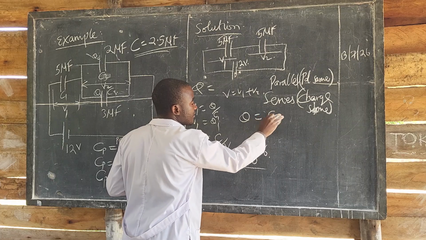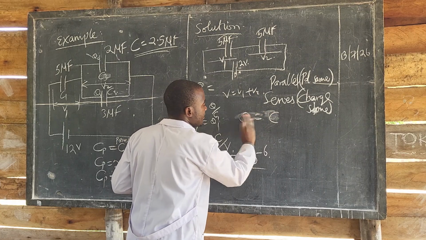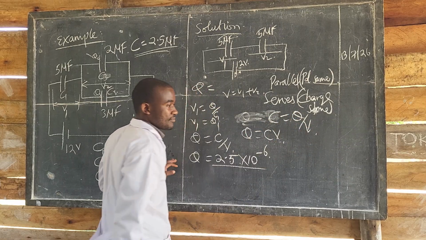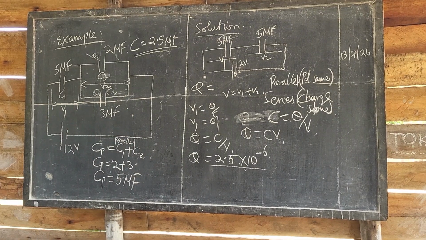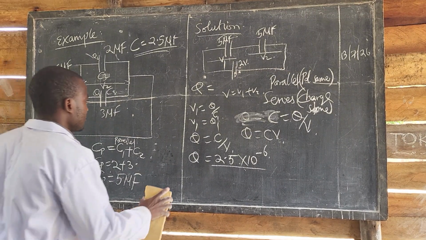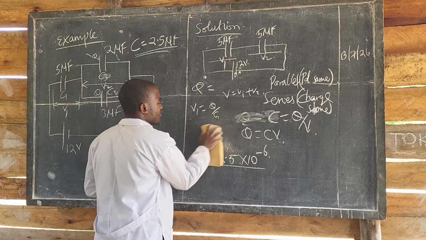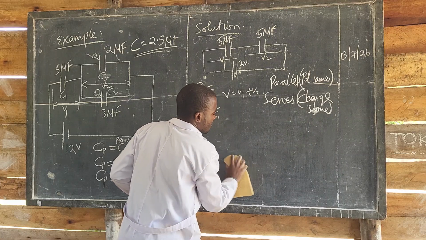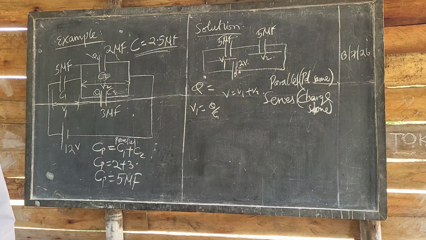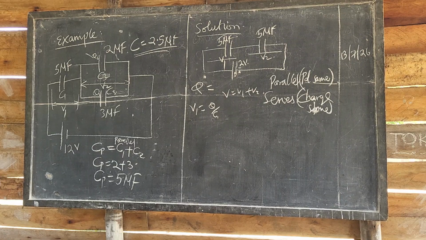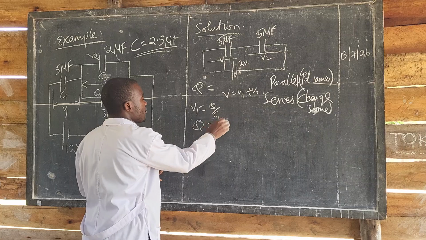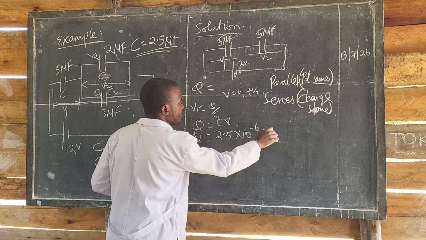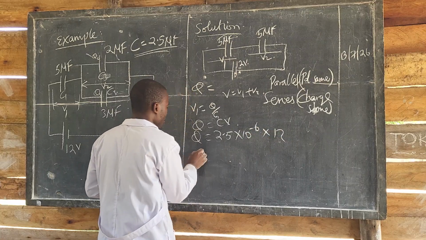From C equals Q over V, Q will be CV. So from Q equals CV, Q is going to be 2.5 times 10 to the power negative 6 times V, which is 12. What do you get as Q?